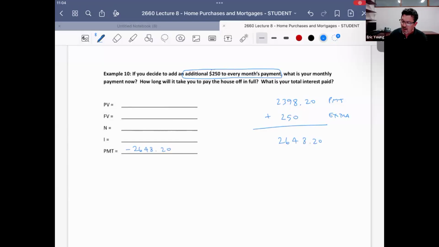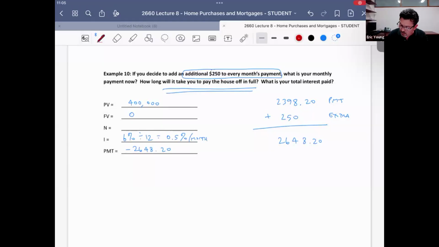So now your payment is 2648.20. I want to know how long it will take you to pay the house off in full with this extra payment. Easy. We still took out a loan of 400,000. We're still going to get it down to zero. We're still paying 6% per year divided by 12 is 0.5% per month.